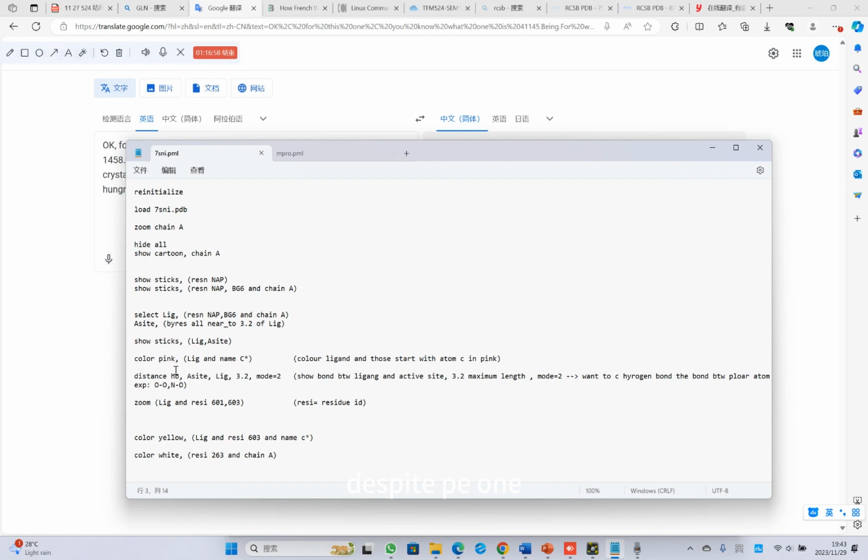Let's find the P1. Don't mind, I'll zoom anything.